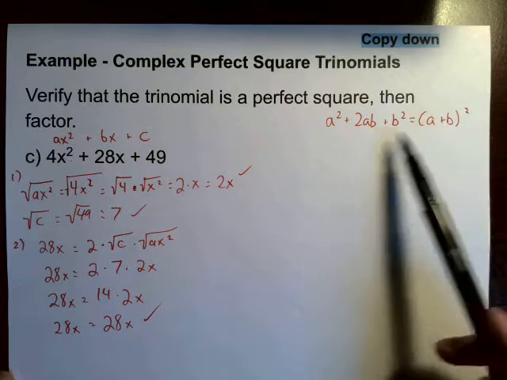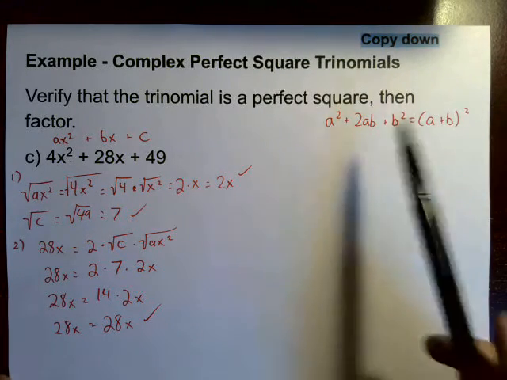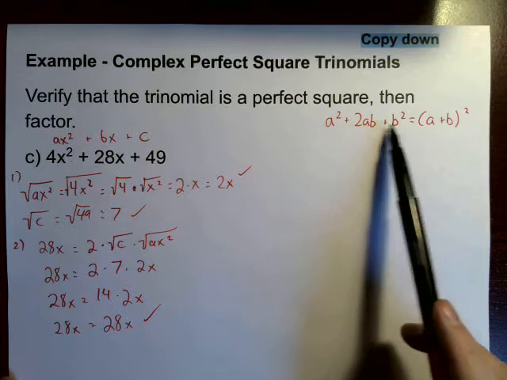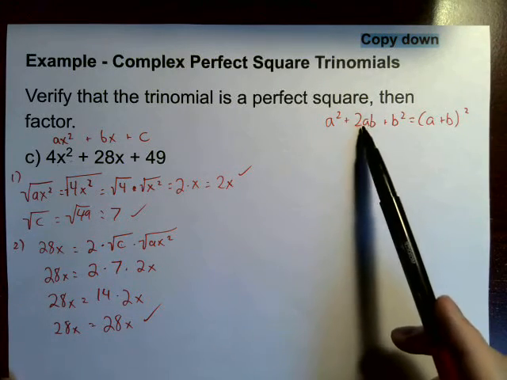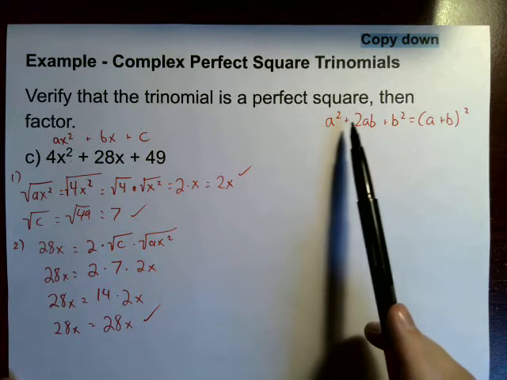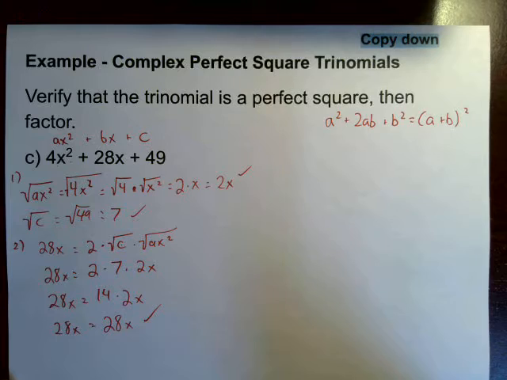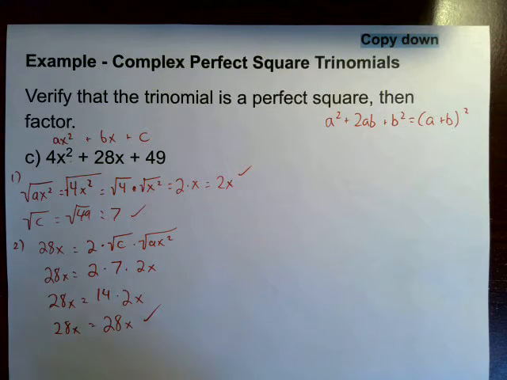This is the exact same thing. It's the same concept with just a slightly different representation. We know that this middle term can be gotten by multiplying the a squared and the b squared. So same idea, just different representation, that's it.